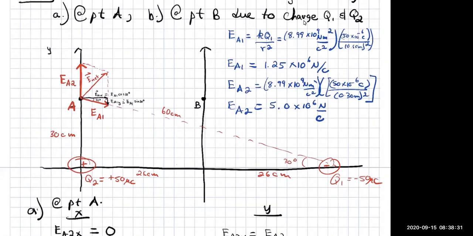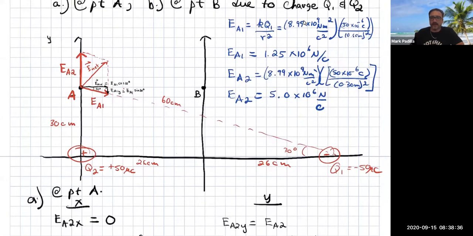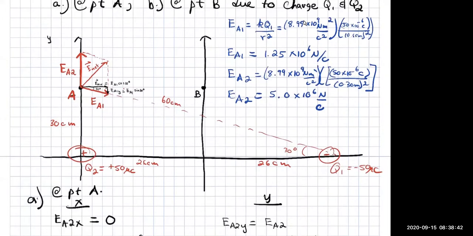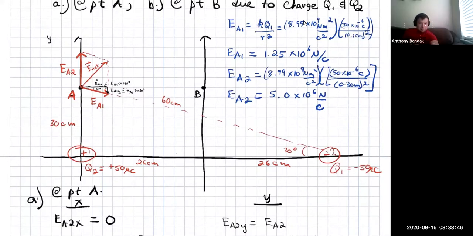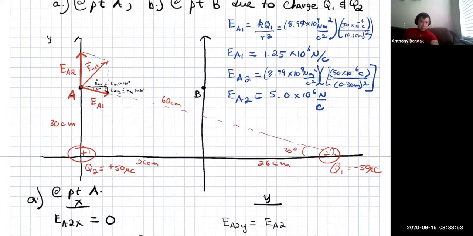So now we can move on to getting the net electric field at point A. Why is that important? I mean, that was the question, so that helps. But it allows us to drop in any charged particle there and see how it moves initially. Exactly.